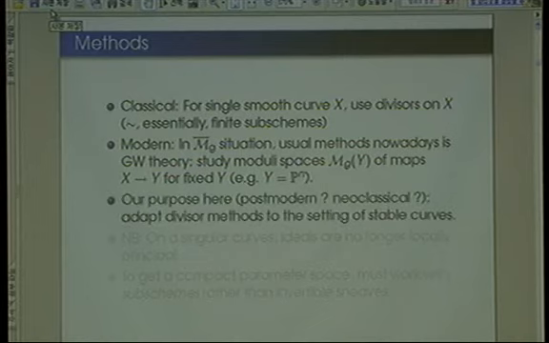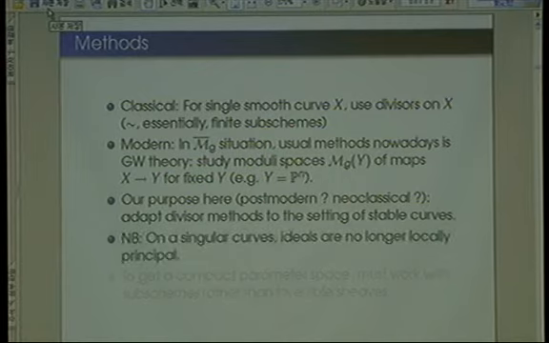So the work that I want to talk about here, its purpose is to adapt these very classical divisor methods that we normally use for single smooth curves to this more general setting of stable curves.